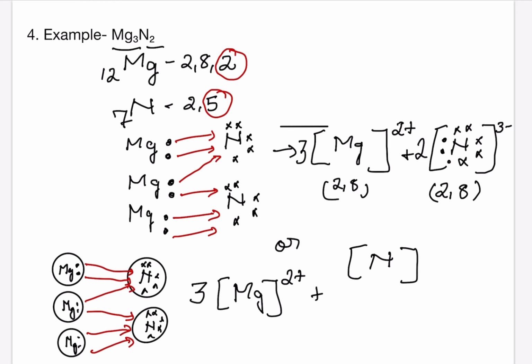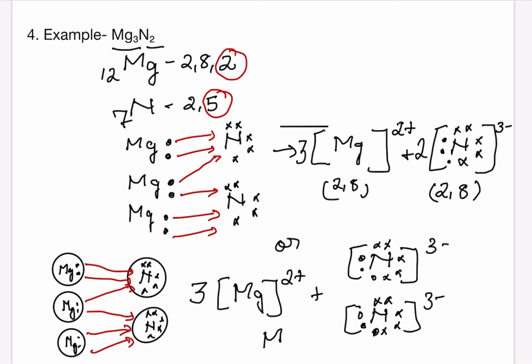Each nitrogen has 5 electrons, so 1 2 3 4 5, and it gets 3 from the magnesium. Here also we'll write 3 minus because it's getting 3 electrons. Another nitrogen, enclose it in a square bracket, 1 2 3 4 5, and then 3 from magnesium. 3 minus because each nitrogen is getting 3 electrons.